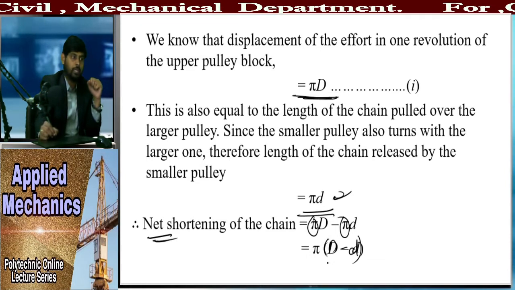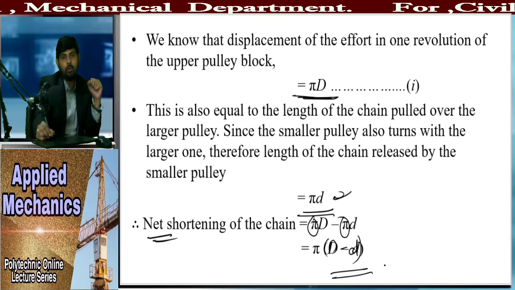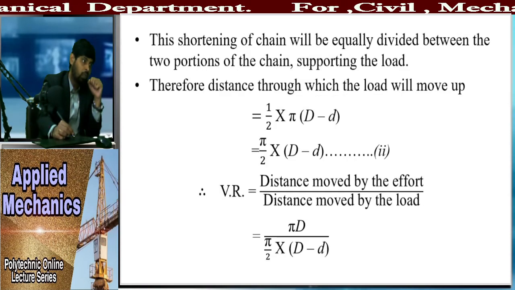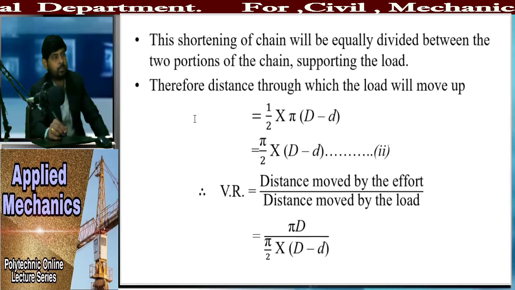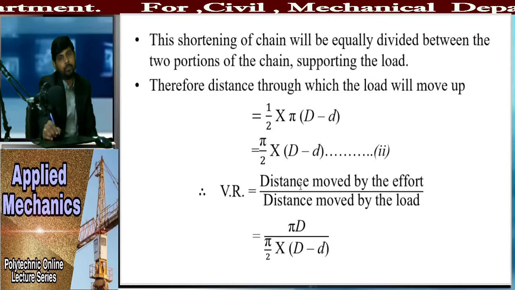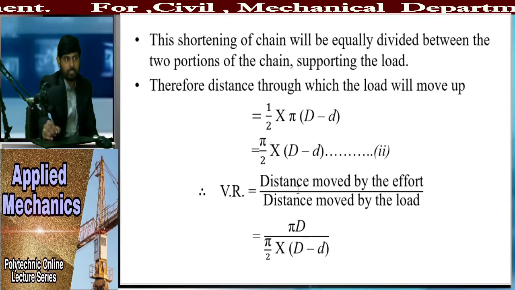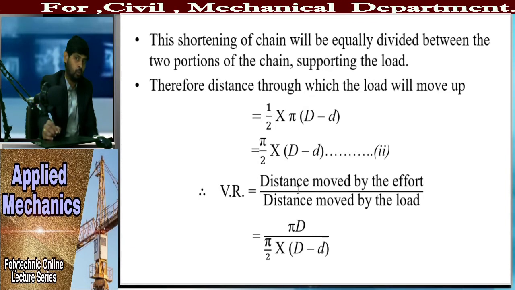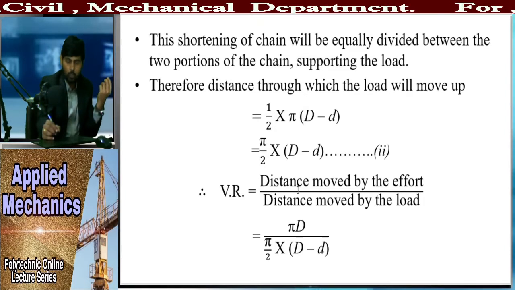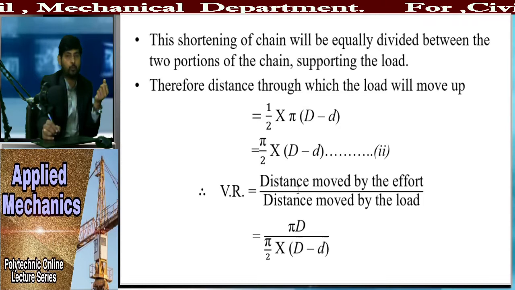So what net shortening of chain equation do we have? Pi into D minus d. After that, this shortening of chain will be equally divided between the two portions of the chain supporting the load. So we can divide the shortening of chain into two equal portions.